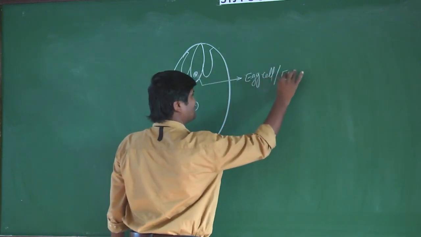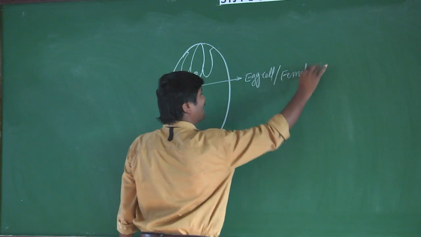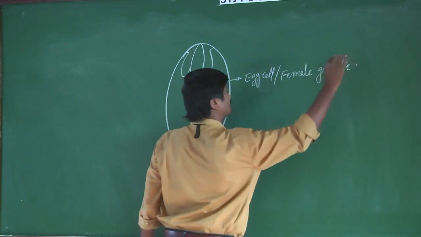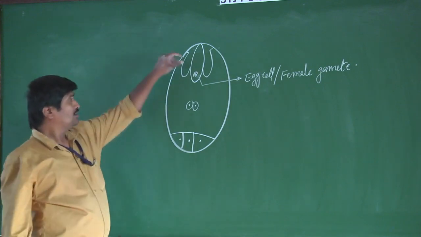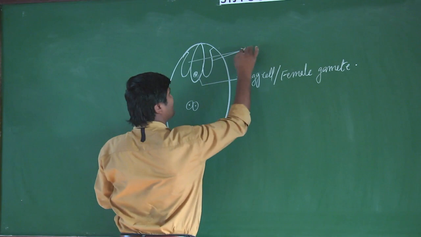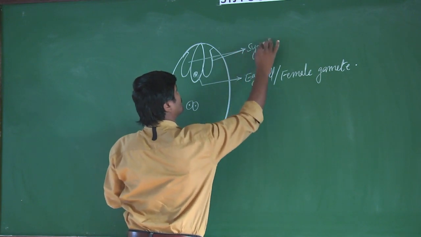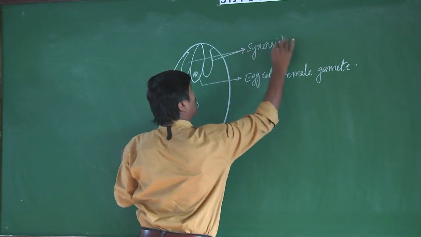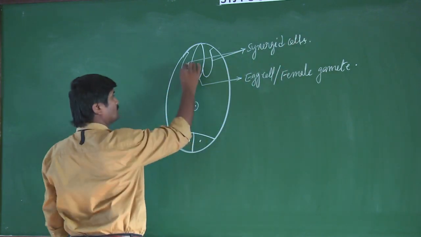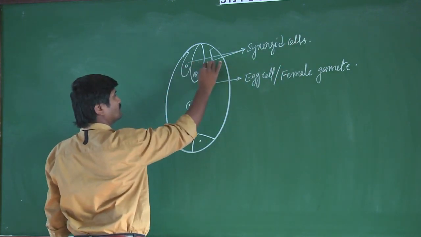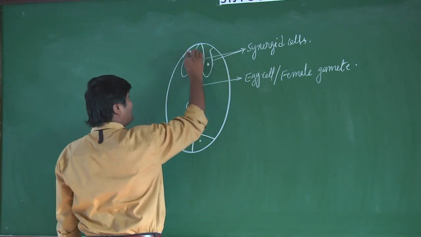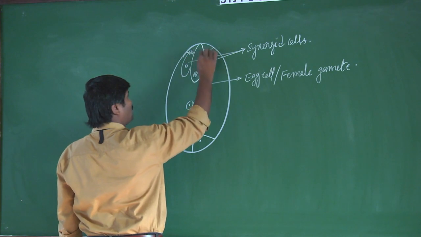It is also known as the female gamete. Now on either side of the egg cell, these are the synergid cells. You already know the synergid cells contain finger-like projections.